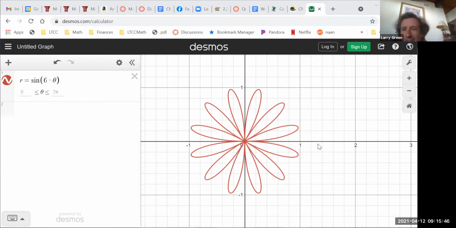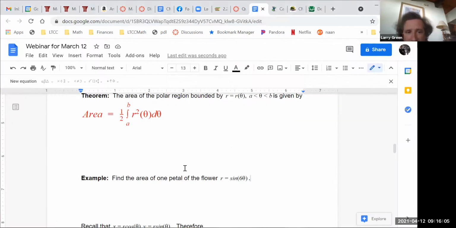Yeah, definitely not. Okay, so 0 to 2 pi does not work. What we need is a single petal, not a whole bunch of things. So we need to figure out what the angle is when you get back to the origin. So that's what we go do next.